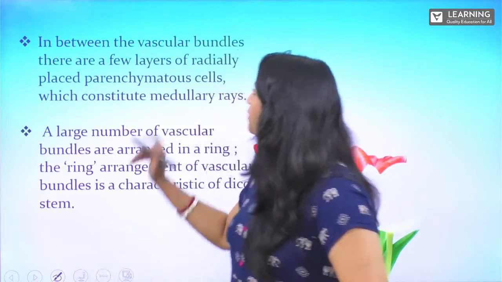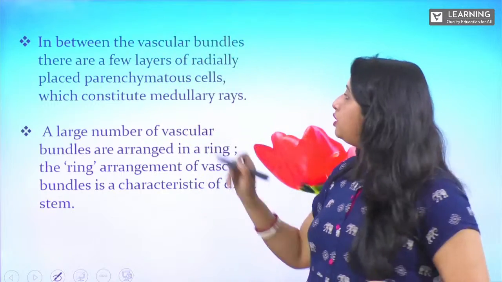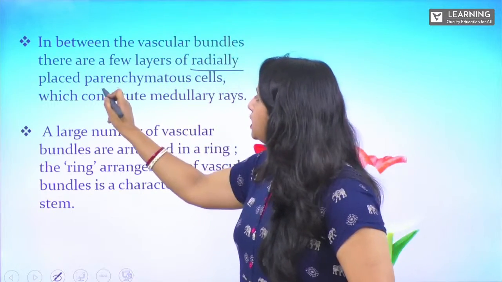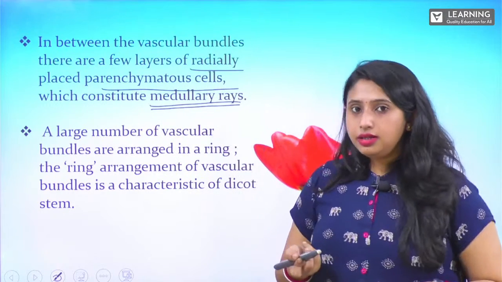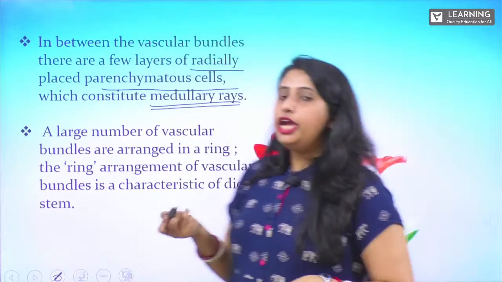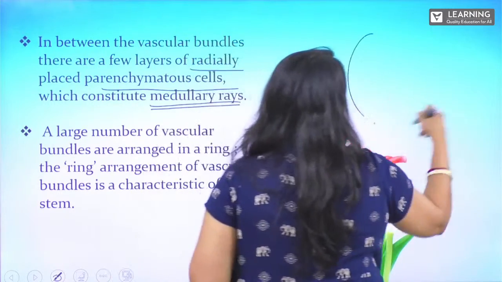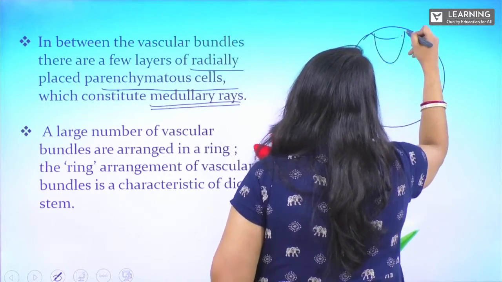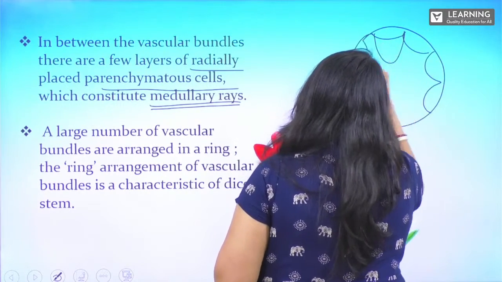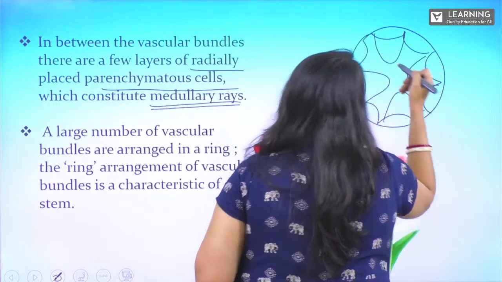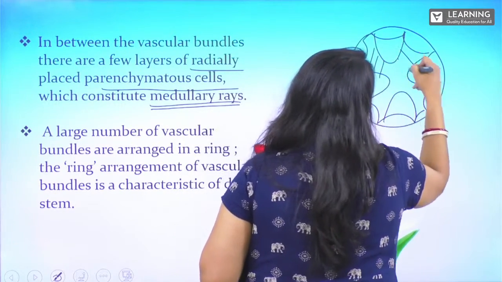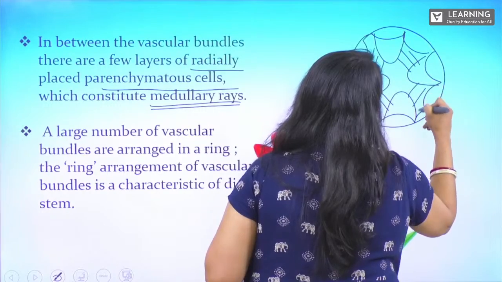In between the vascular bundles, there are a few layers of radially placed parenchymatous cells which constitute the medullary rays, which I have shown in between the vascular bundles. So if this is a vascular bundle, near the pericycle we have seen the vascular bundle, right? Here you will see some rays near the xylem and phloem.